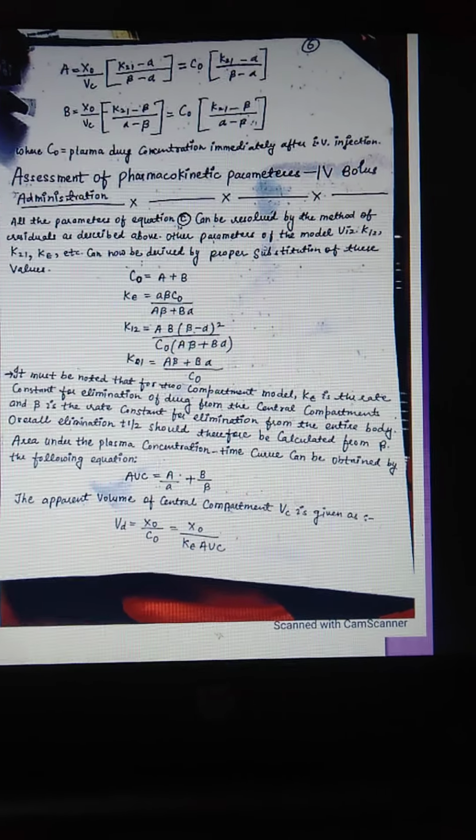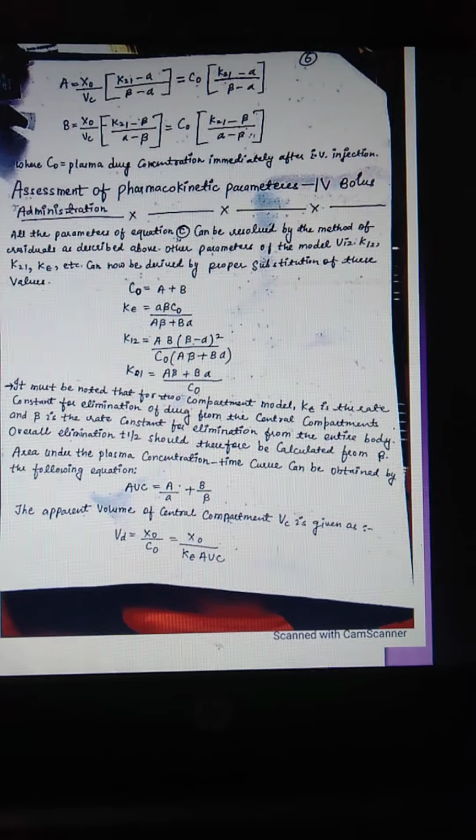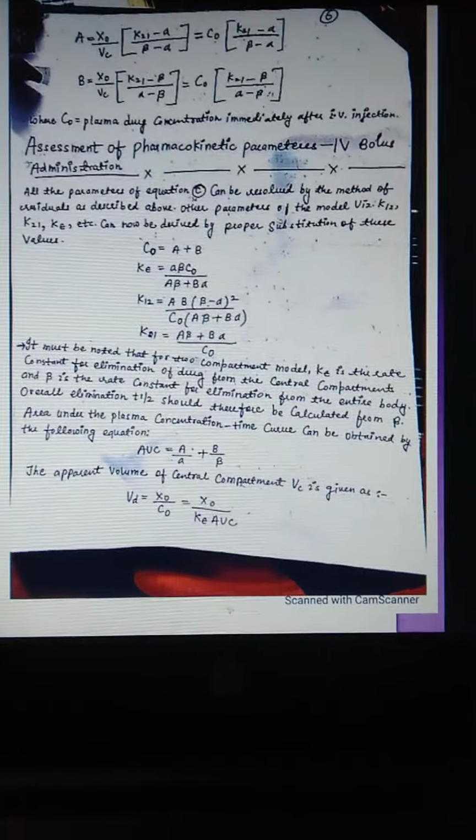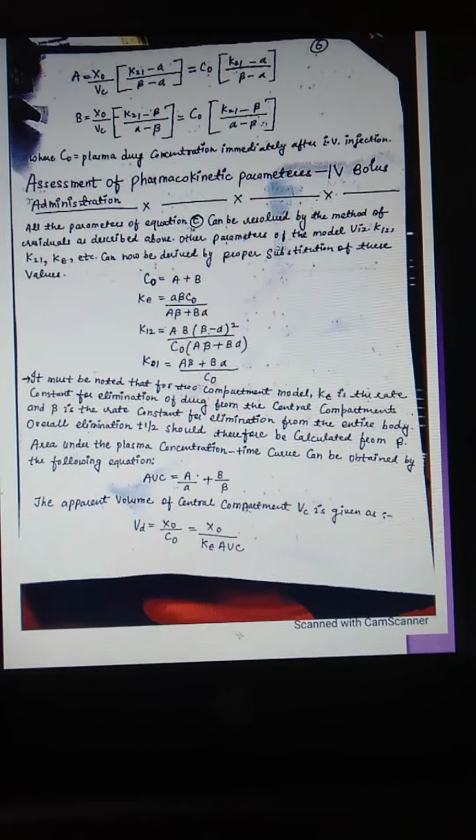All the parameters can be resolved by the method of residuals. They can be derived by proper substitution of these values. So these are the assessments of pharmacokinetic parameters of the IV bolus.